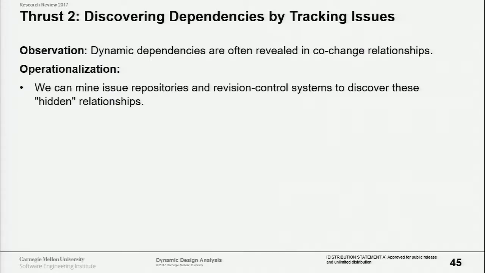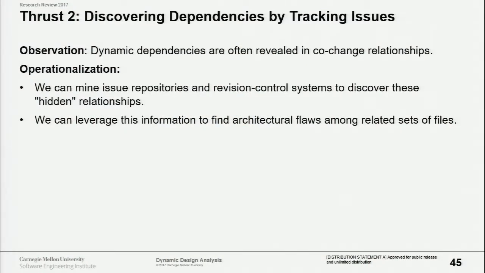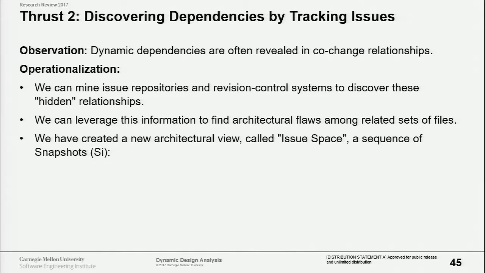So what we did was we mined issue tracking systems, issue repositories, and revision control systems to discover these quote-unquote hidden relationships. And we could use that information to determine these, not only the additional relationships, but whether these relationships introduce new kinds of design flaws among these related files.